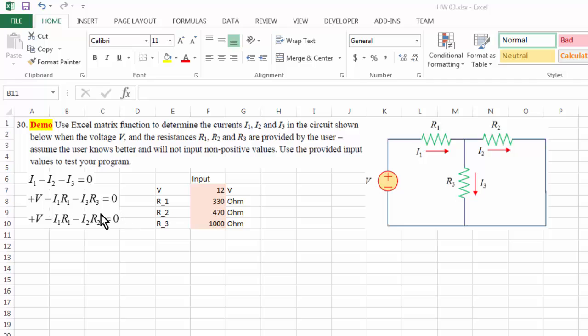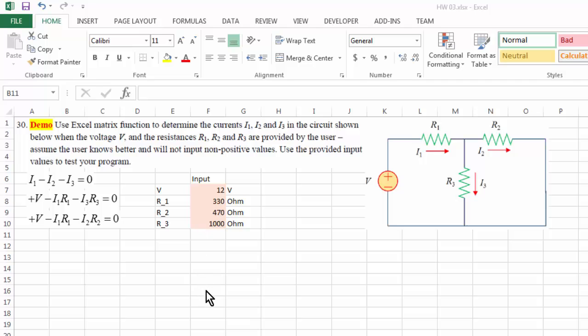The voltage, R1 through R3, the resistances, they are all given information. And I put them here in this little input area. Don't forget, you want to set up your Excel file in a way that when the user or you change these values, your calculation procedure is still valid. Your Excel file is still able to generate the correct answer.